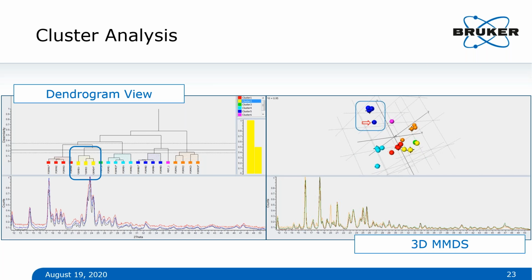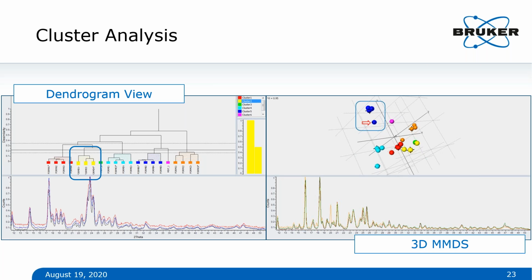If we highlight that one down below, what we see is that three of the samples, much like the yellow cluster, are very similar to each other, with similar peak positions. But if we look at that peak right there around 20, we see that it is just a little bit different. There is one extra peak around 20 degrees that is sticking out, and that's what's causing that one pattern to stay outside of its own little cluster.